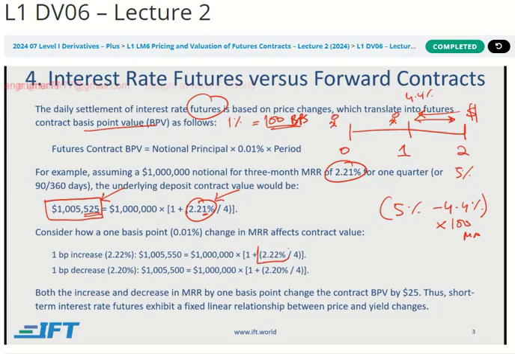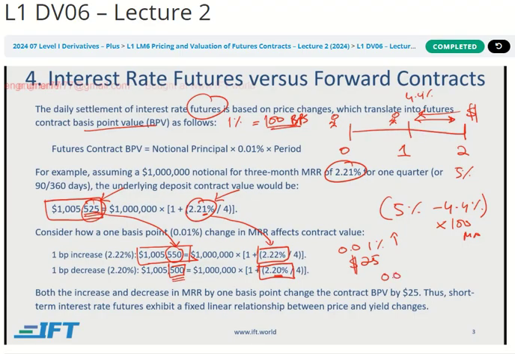Now let's say this goes up 1 basis point from 2.21 to 2.22. Look at the change in the value of the contract. It went up from 525 to 550. That means a 1 basis point increase caused an increase of $25. Now let's compare it to a 1 basis point decrease, where it went from 2.21 to 2.20, and that caused a decrease from 525 to 500.